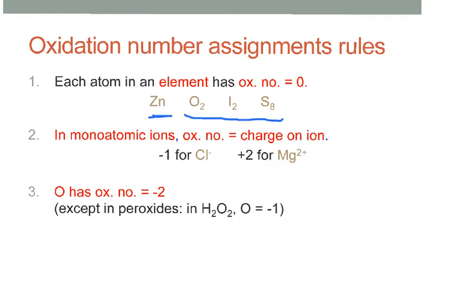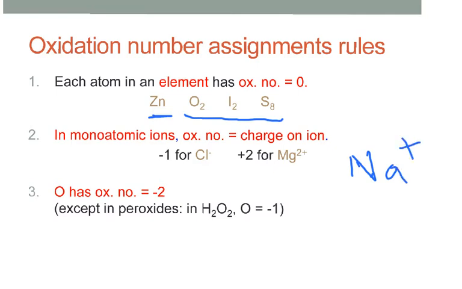So for example, chloride ions have a -1 charge, and so the oxidation number for a chloride ion is also going to be -1. The oxidation number of the magnesium ion is +2, so the oxidation number is also going to be +2.